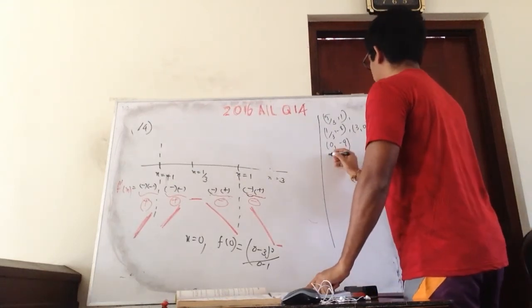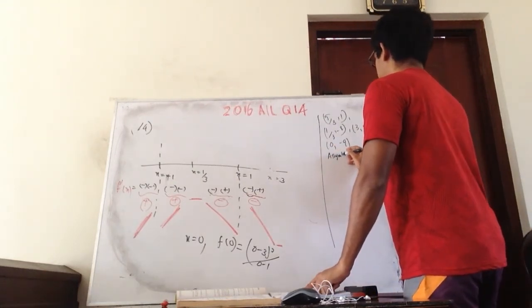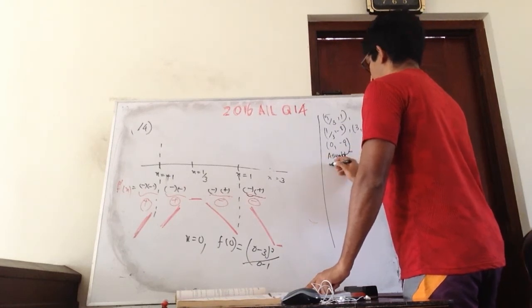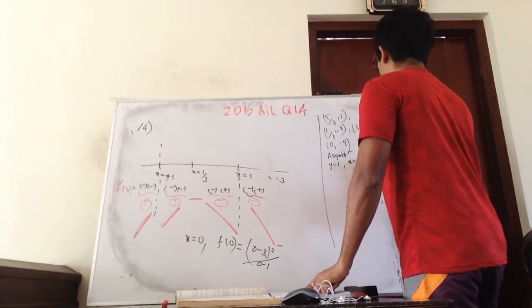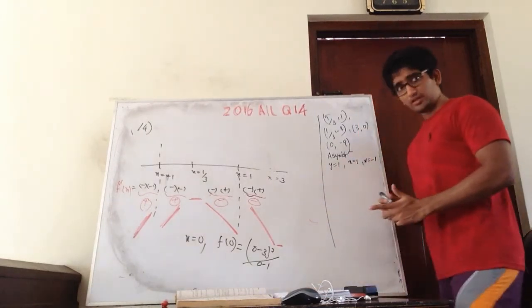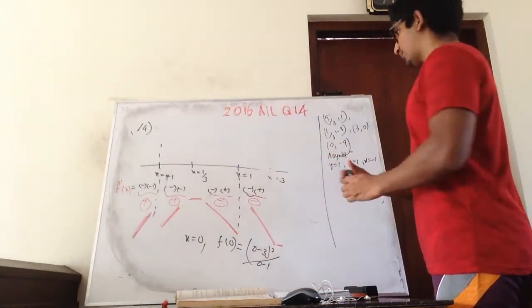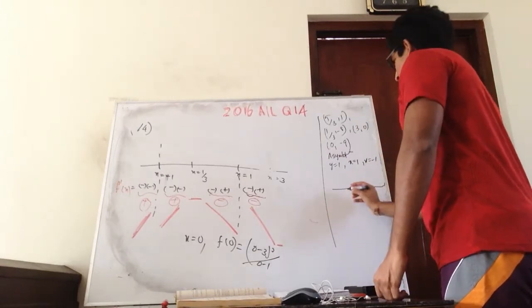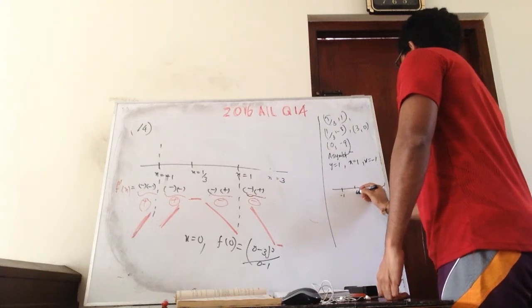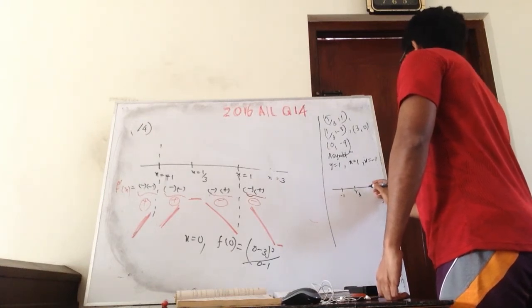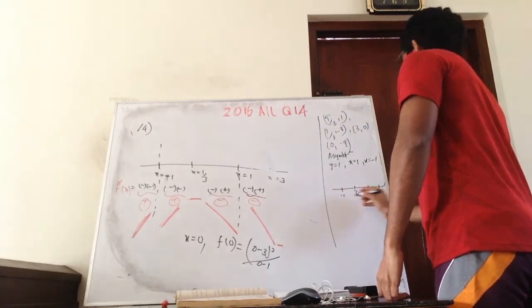Then we know the asymptotes as y equals 1, x equals 1 and x equals minus 1. Right, so we found these. Then I found the shape of this as minus 1, 1 over 3, 1, 3.